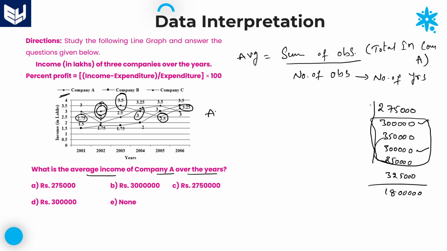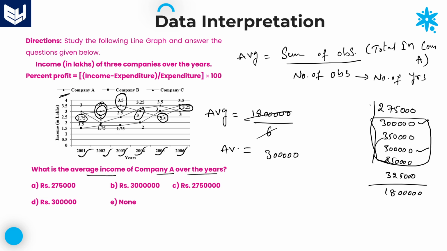Therefore, the required average is equal to the total income of company A over the 6 years, that is the sum of all the values, which is equal to 18 lakhs, divided by the number of years. Number of years that we have taken is 1, 2, 3, 4, 5, 6. Total 6 years. Therefore, the required average is, you can cancel with the 6 table, that is 3 lakhs. 3 lakhs is your answer.